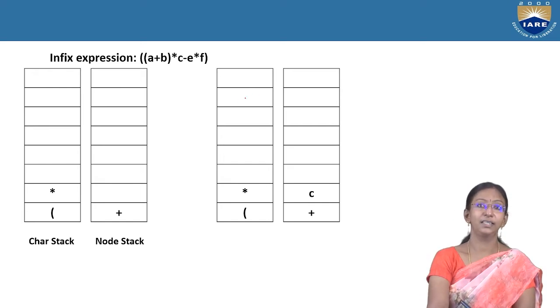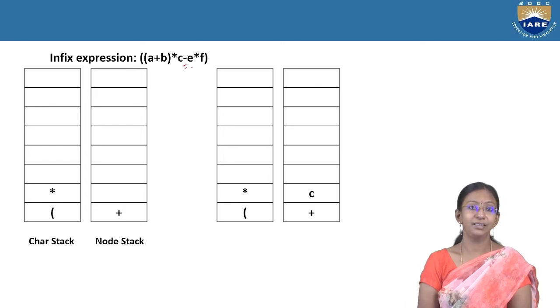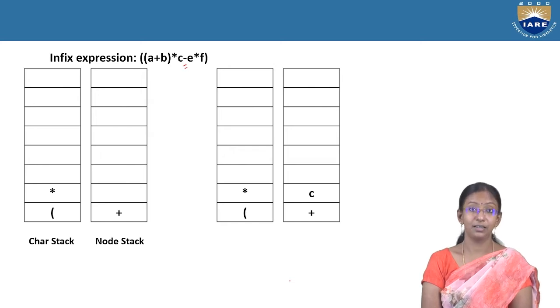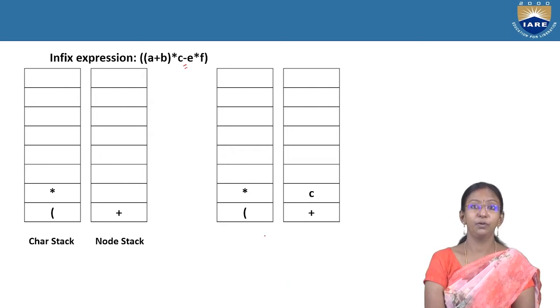The next character that I'm going to encounter is minus. As it is an operator, it is supposed to get inside the character stack. But what is on top of the character stack right now? On top of the character stack is multiplication.